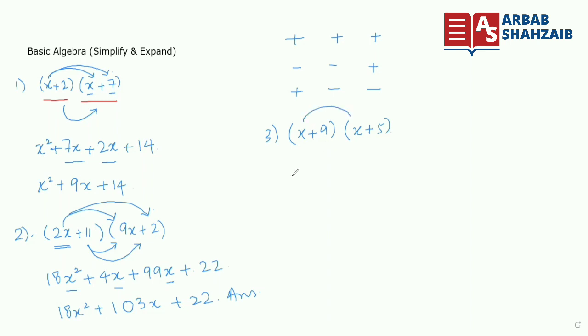x multiplied by x is x squared. Then x multiplied by 5 is 5x. Okay, so this is the first variable with a bracket, and now we will multiply 9 by x and then 9 multiplied by 5.